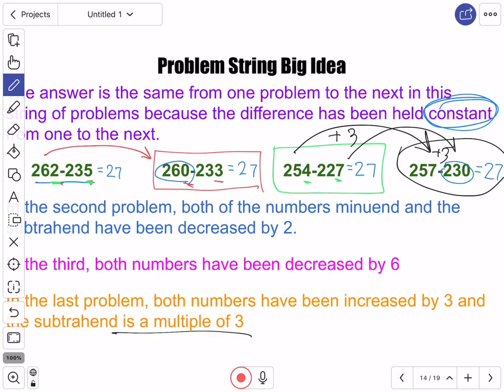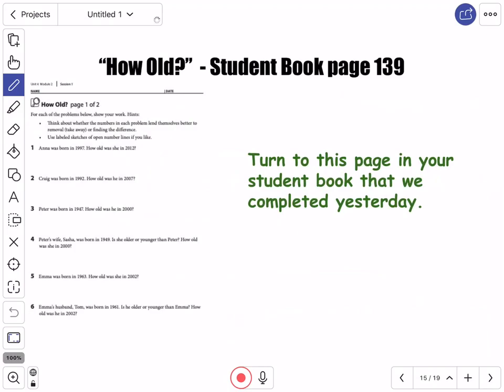I apologize from before, this was decreased by 6, and this was decreased by 6. I was confusing there. Sorry about that. So yes, these have been increased by 3, and the subtrahend is a multiple of 10. So as long as I'm decreasing or increasing the numbers I started with by the same number, I'm going to end up with the same answer, is what this constant difference is really trying to teach us here.